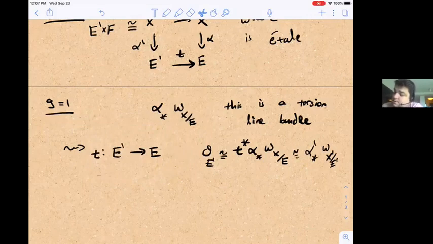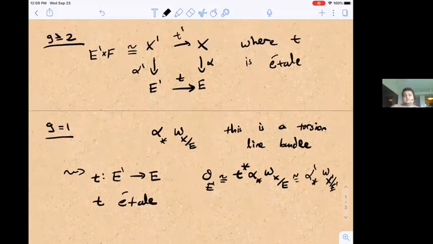Again, where T is étale. Okay, so that's the theorem we want to apply.